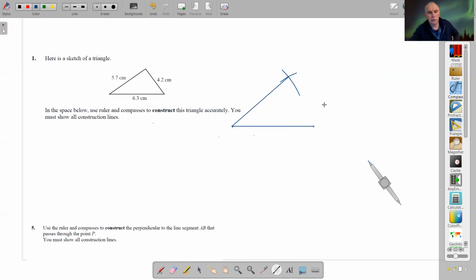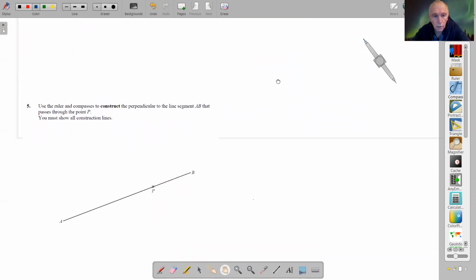That line is 5.7, and this line is 4.2. So that is it. We've done it. All the angles will correspond as well. If the lengths of the sides are the same, then the triangles are congruent, and therefore all the angles are the same as well. So that's what we've got there. Right, okay. Let's look at the next one.